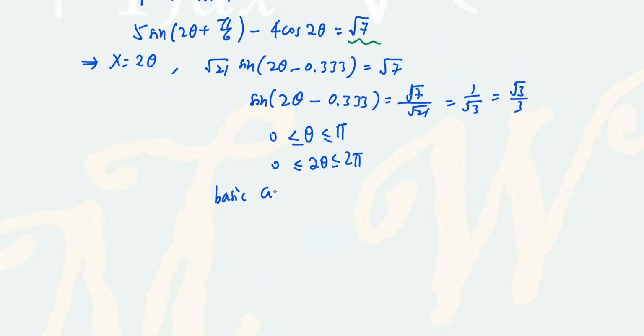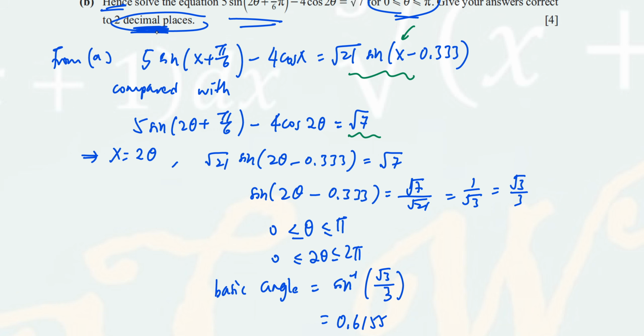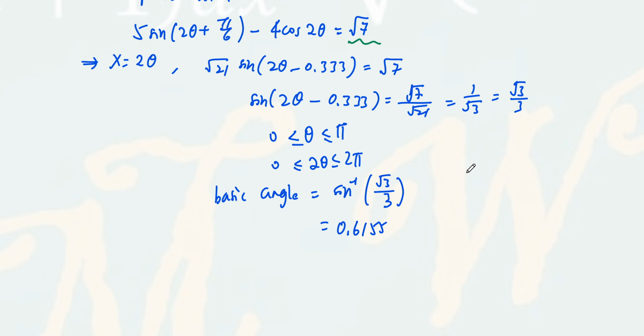The basic angle is inverse sine root 3 over 3, which is 0.6155. Here I give more decimal places, even though you are requested to give 2 decimal places for the final answer, because here we are finding 2 theta, not 1 theta. So now I will draw the quadrant diagram.